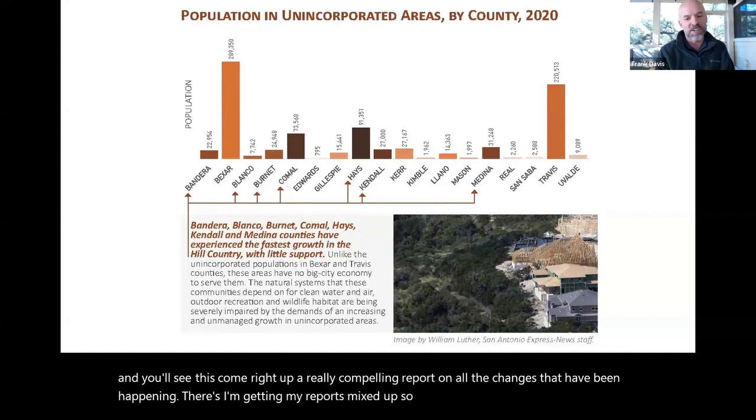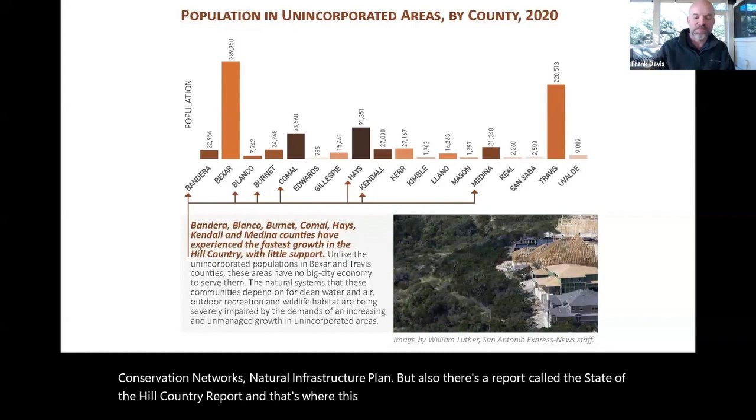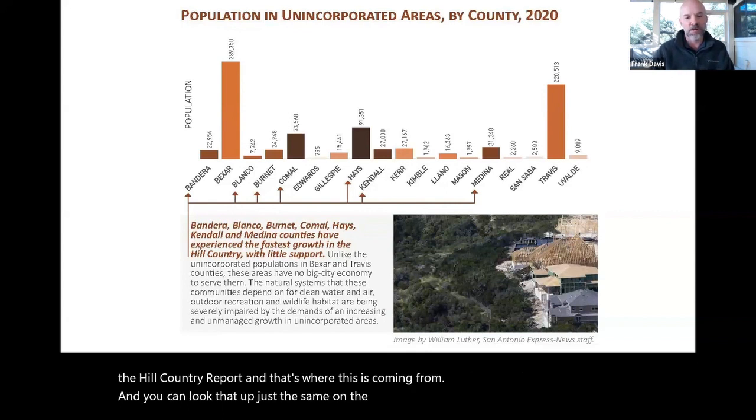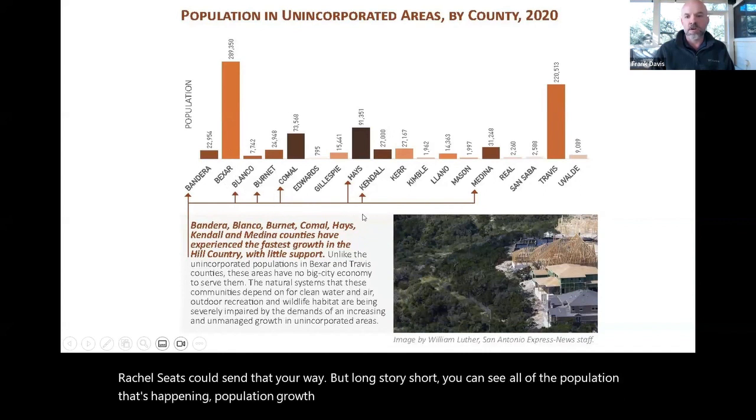So there's the plug for the Texas Hill Country Conservation Network's Natural Infrastructure Plan. But also there's a report called the State of the Hill Country Report, and that's where this is coming from. And you can look that up just the same on the internet. It should pop right up for you. If not, Rachel Seets could send that your way. But long story short, you can see all of the population growth that's happening in these unincorporated areas.